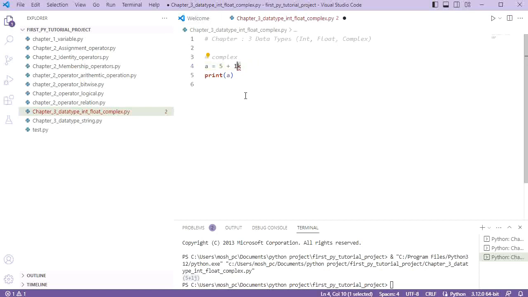That means you must use lowercase j or uppercase J as the imaginary component. Using another character will throw a syntax error.